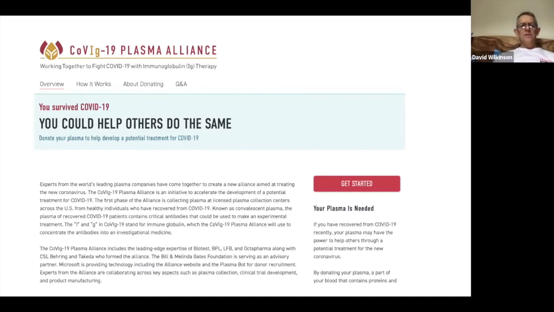I thought it might be interesting this evening to give you a sense of what's happening around the world in terms of treatment. There's a very interesting organization called the COVID-19 Plasma Alliance. All the relevant companies and foundations supported by the Gates Foundation are working together, and the Australian company CSL is a major part of this, working together to do all of the necessary research about the use of plasma and intravenous immunoglobulin as a possible treatment for COVID.